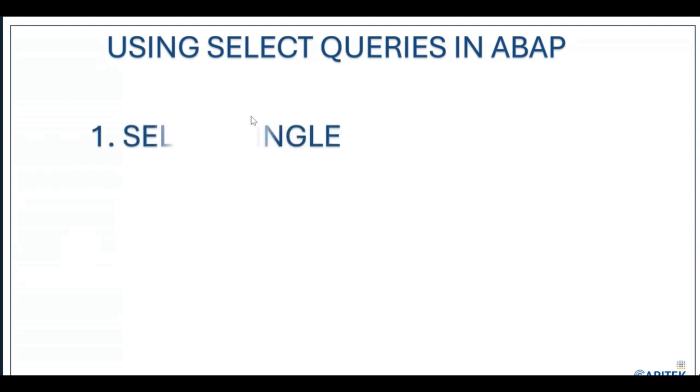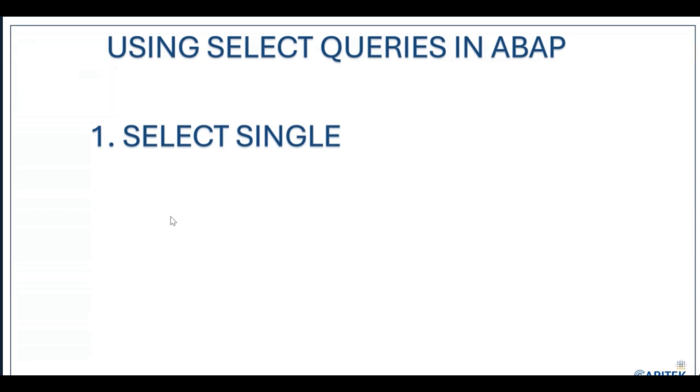When we say select queries, most of you are from an engineering or computer science background, so you should have knowledge of what a select query does. If you want to interact with the database tables, you use the select query to fetch the data from the database tables.